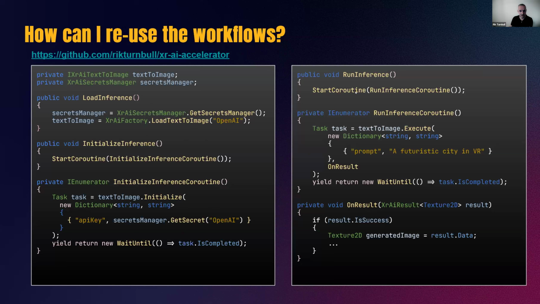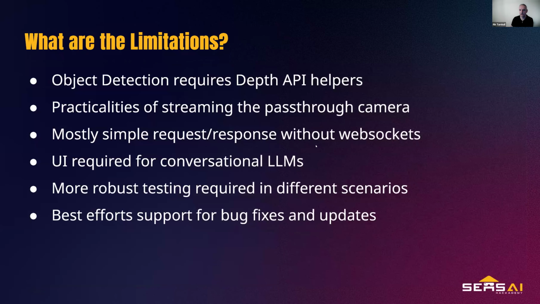Once that's done, you can run this multiple times, again in a coroutine. You execute with the prompt, wait until the task is complete, and then you get the result and can do what you need to do with it. It's in the documentation, a standard pattern if you need to use the accelerator without the workbench.